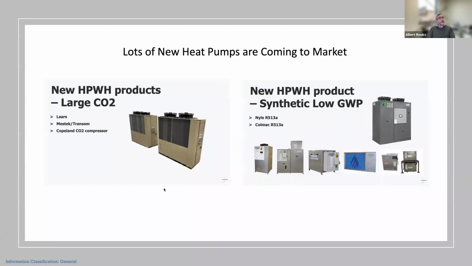Some are large CO2s, like we see there. Those are new entrants. The second one down, Mestec, actually started their CO2 journey about a year ago, and now they're getting ready to release product. A number of new CO2 products are coming out, and along with those, because there's various ways to lift water, on the right-hand side there's more synthetic low GWP refrigerants like 513A.